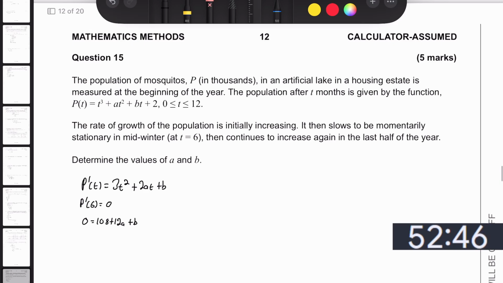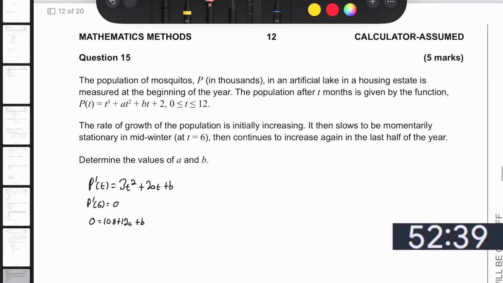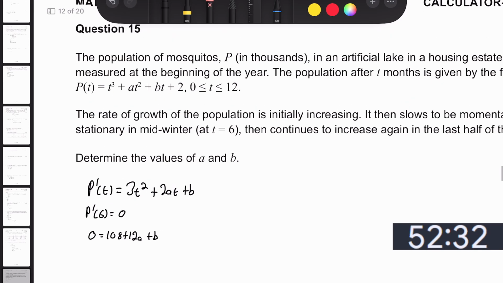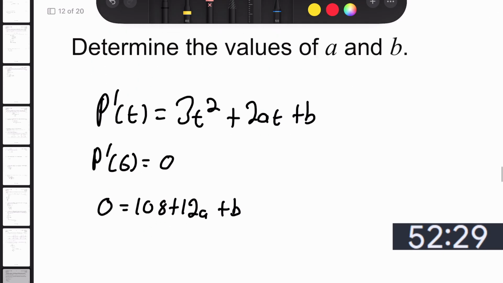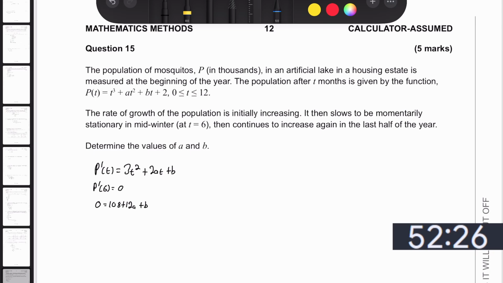The rate of population growth is initially increasing. Oh wait, the rate of population growth. Momentarily stationary midwinter. Growth of population. Increasing again in the last half of the year.